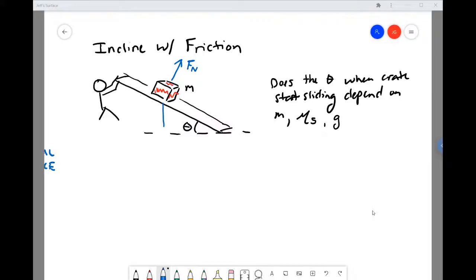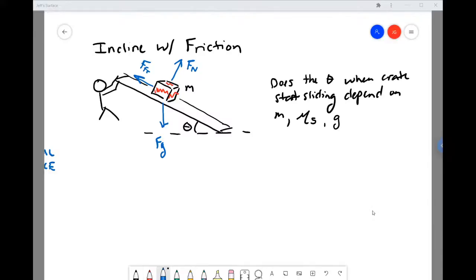We have a force of gravity, which I'm going to call Fg today instead of weight, W. And then there's a frictional force. A component of gravity is going to want to pull this crate down the incline, so there's a frictional force that's going to oppose that tendency.